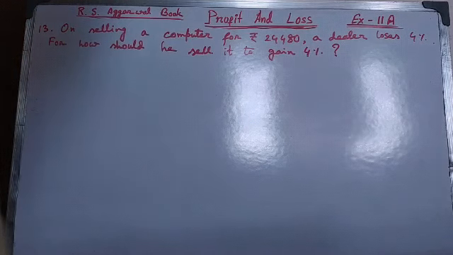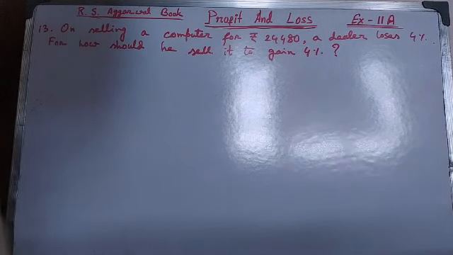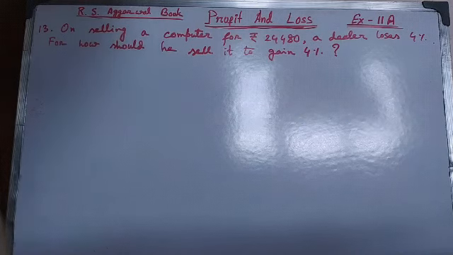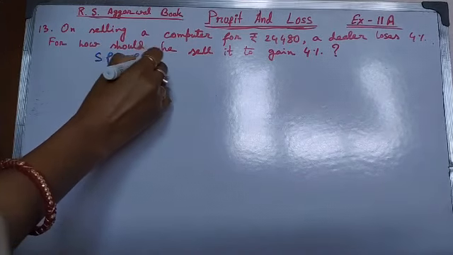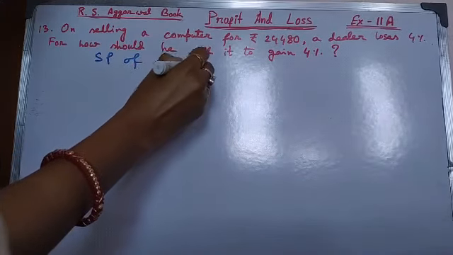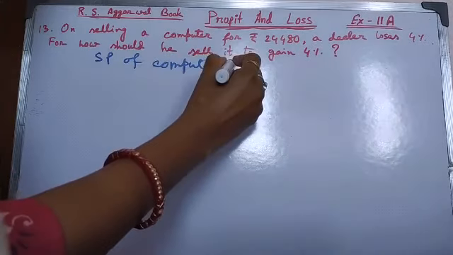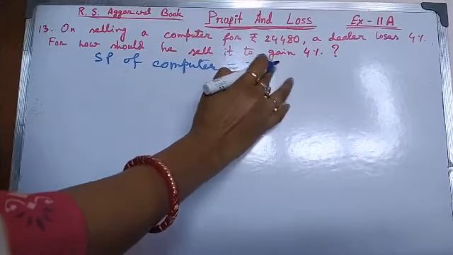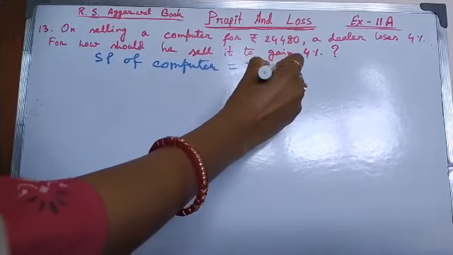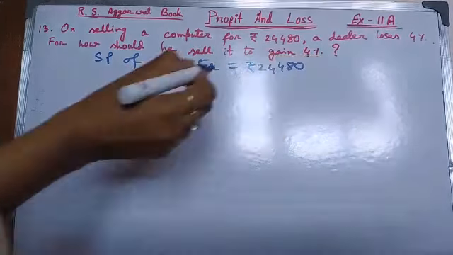Now question number 13. On selling a computer for rupees 24,480, a dealer loses 4%. For how much should he sell it to gain 4%? Here selling price is given, that means SP of computer is rupees 24,480.